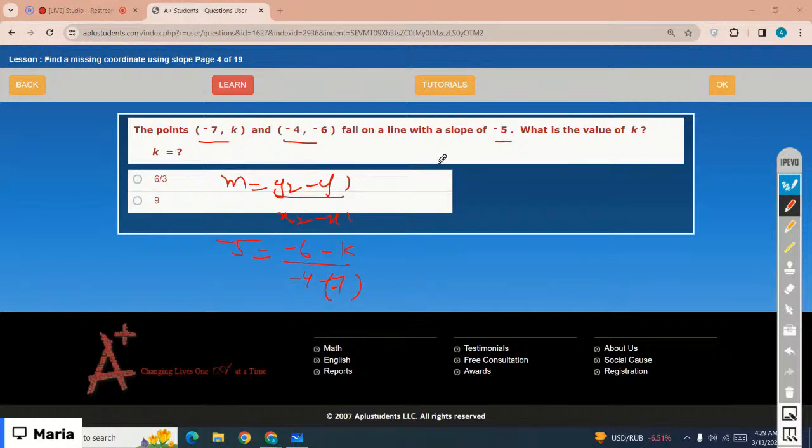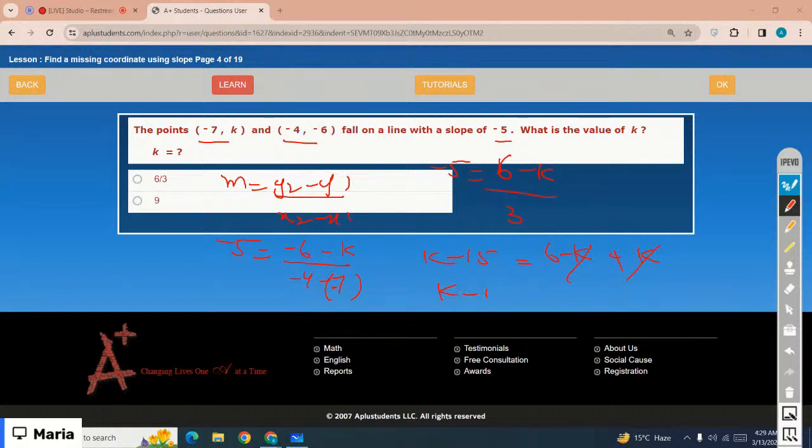So it would be negative 5 equals negative 6 minus k over negative 4 plus 7, and 7 minus 4 is 3. So negative 6 minus k equals 3 times negative 5, which is negative 15, right? Add k to both sides because k is negative.